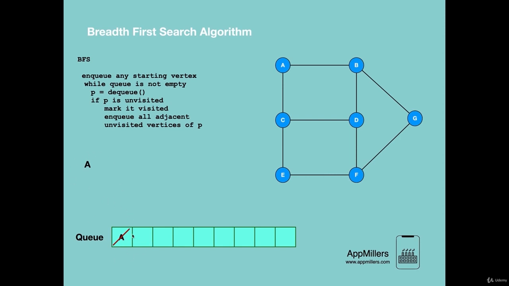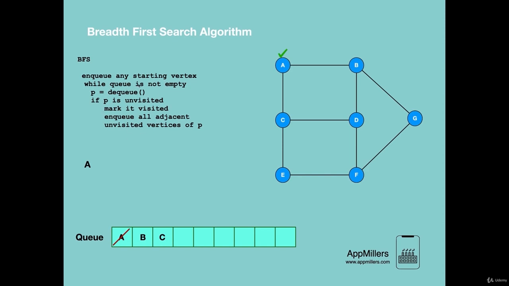So we have dequeued A from this queue. Now we check if A is unvisited. It shows that it's unvisited, so we mark it as visited. Then we enqueue all adjacent unvisited vertices of A to this queue. In our case we marked A visited, and the adjacent vertices are B and C. So we enqueue B and C to this queue over here.